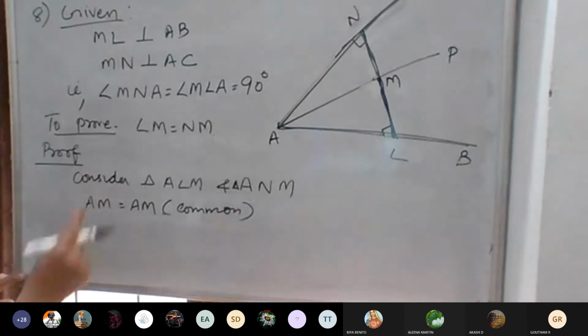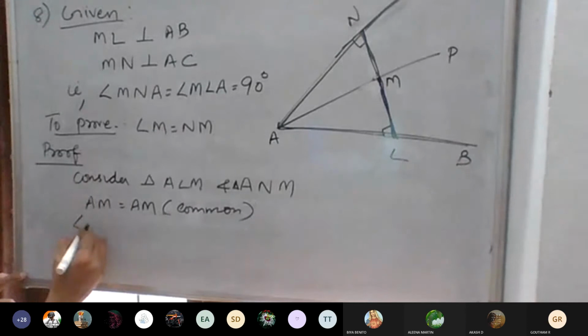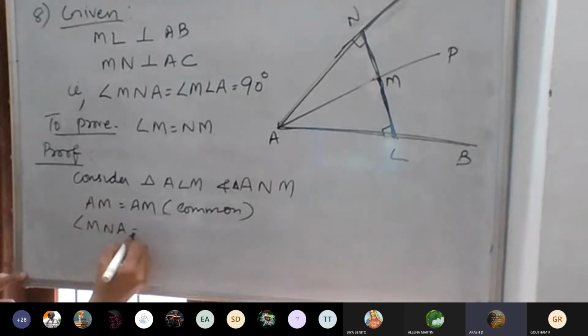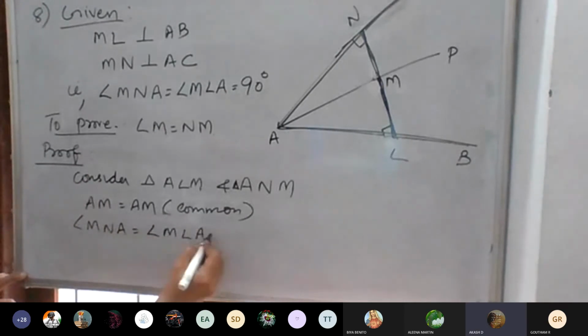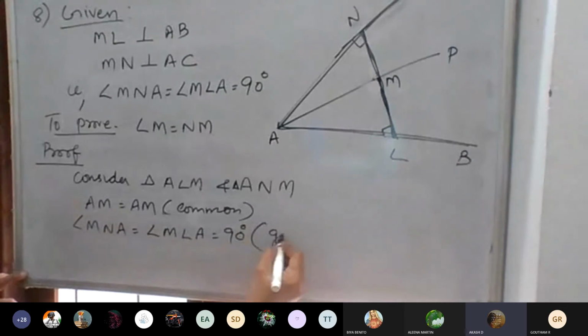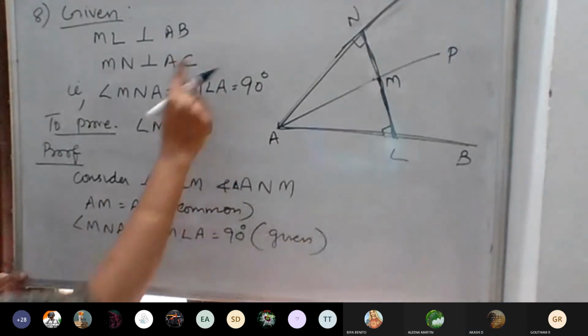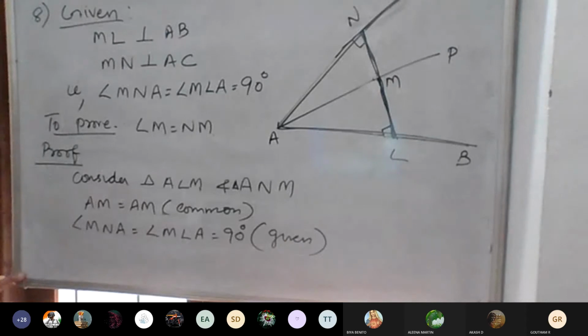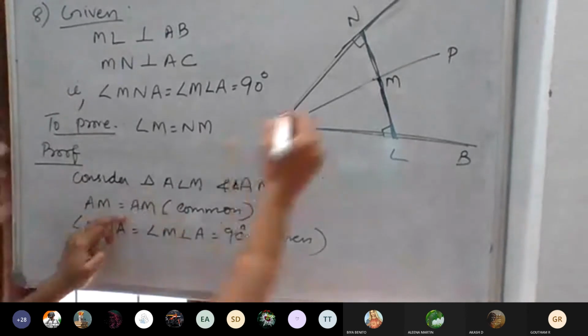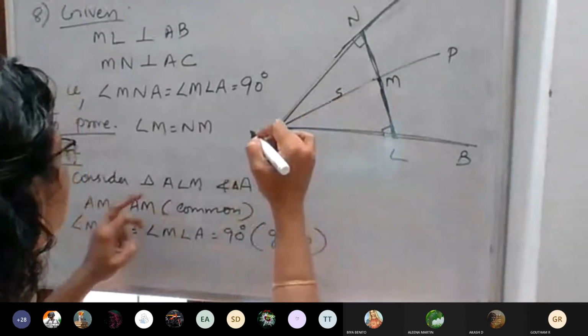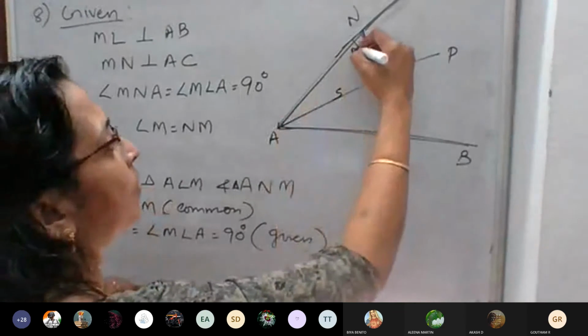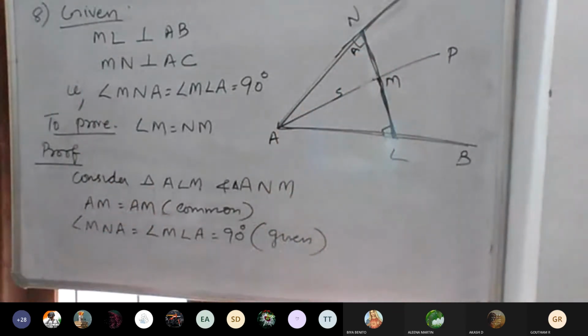Then one more angle, 90 degrees, we already wrote, no? Angle MNA is equal to angle MLA, which is equal to 90 degrees. Given MN is perpendicular to AB and MN perpendicular to AC. So we have a side here, and this angle we have, no?